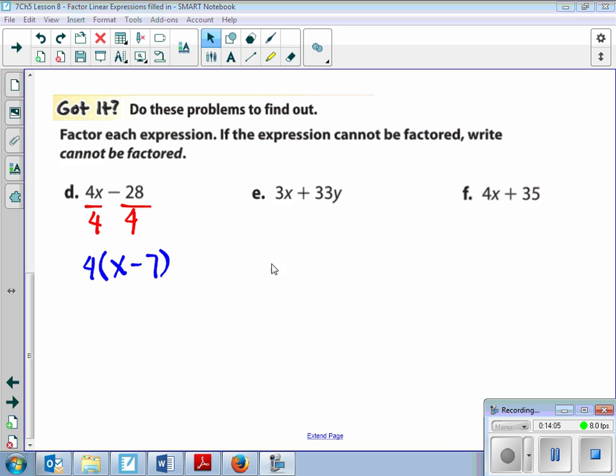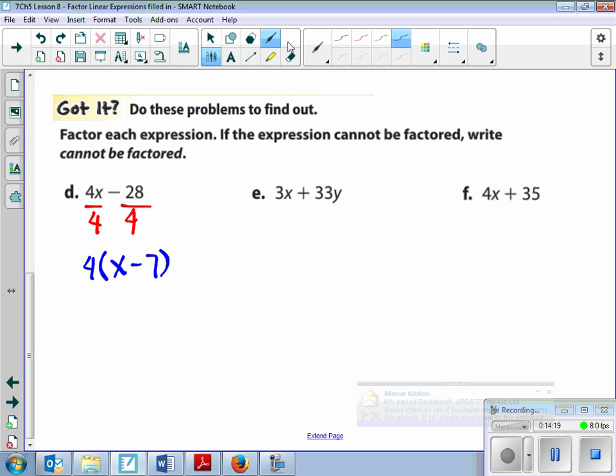For example E, we've got 3x plus 33y. Now, looking at those two terms, we don't have to do a factor tree to figure out what the GCF is, right? What's the GCF of 3x and 33? 3. Very good. So we are going to divide both terms by 3.